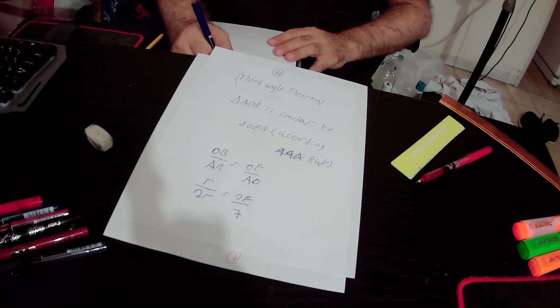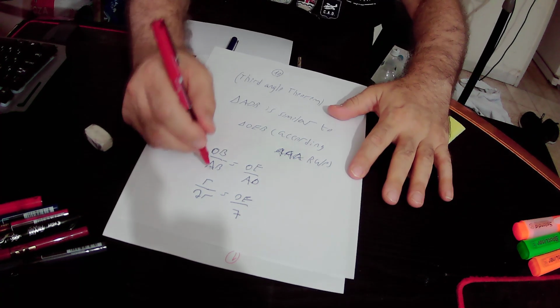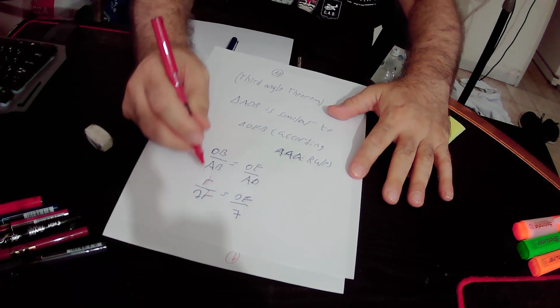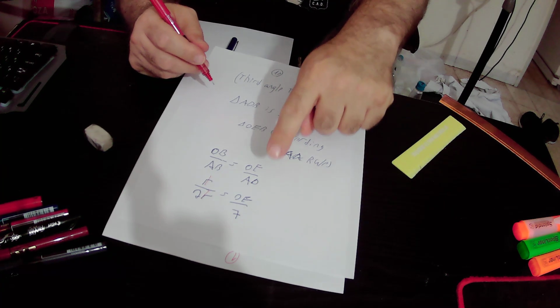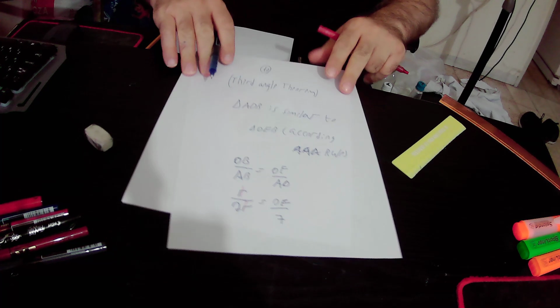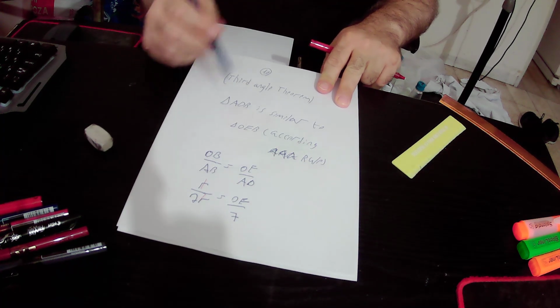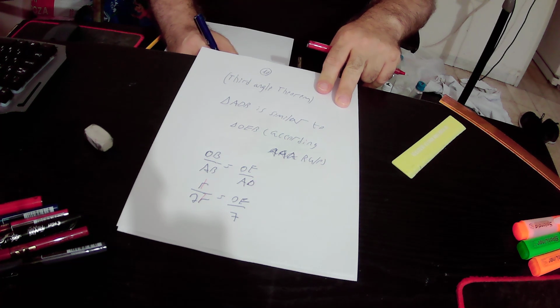Okay? R over R is 1, so R is cancelled. It equals OE over 7. So here, on this side of the equality, we are left with 1 over 2. 1 over 2 is equal to OE over 7.